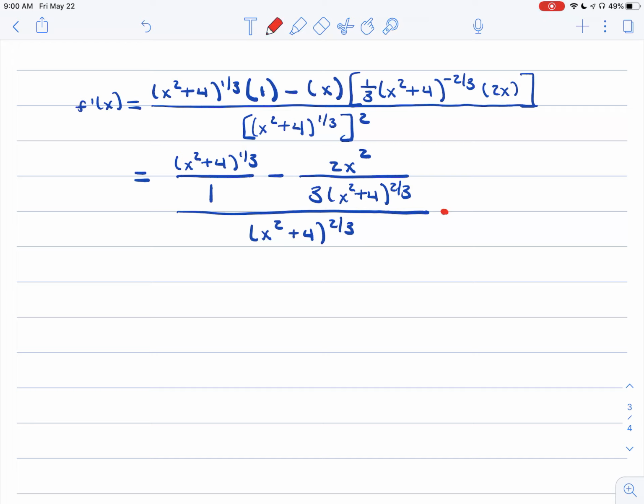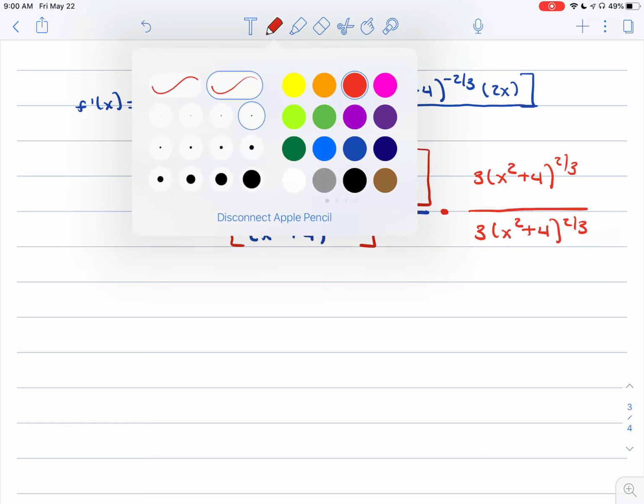I'm going to multiply everything through by that, and of course we have to do it to both the top and the bottom.